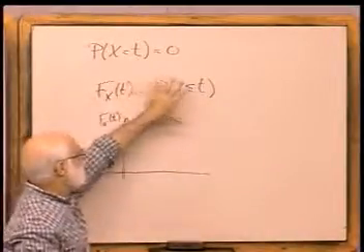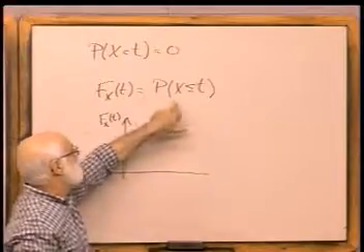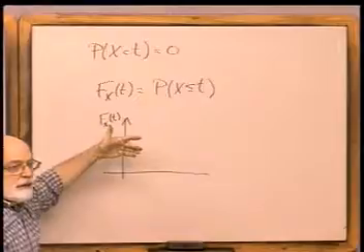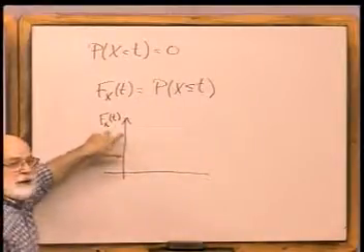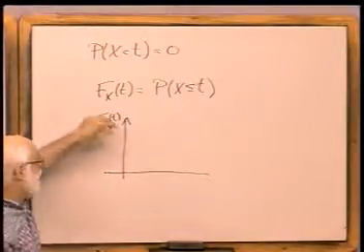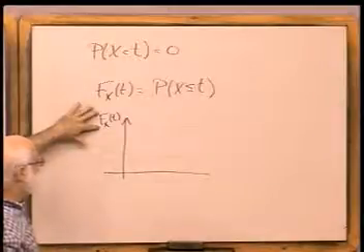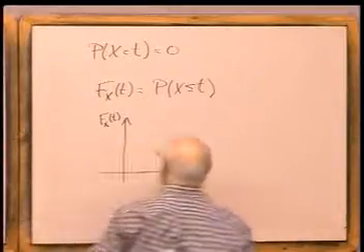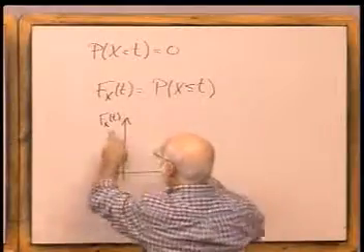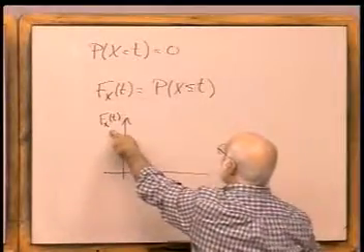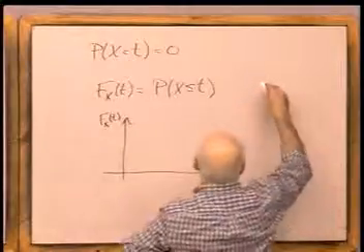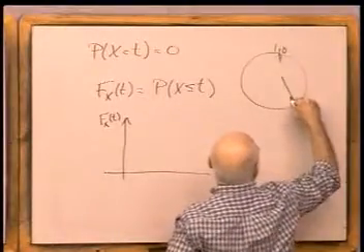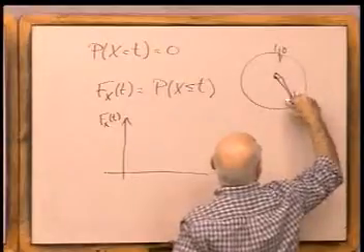But otherwise, once I get beyond having to write what the statement means, I can simply write capital F unless I have more than one random variable. And then I would have, say, f sub x, f sub y, f sub z. I always want to use F for the distribution function, and the subscript tells me which random variable that's the distribution function of. Okay, so I'm going to draw the graph of the distribution function of x, where x represents this experiment of spinning this dial and picking out a point at random.